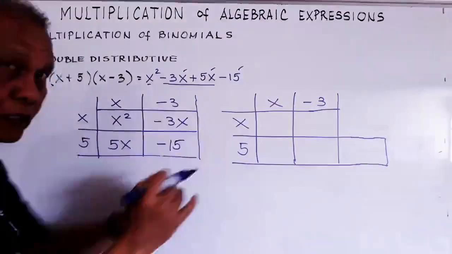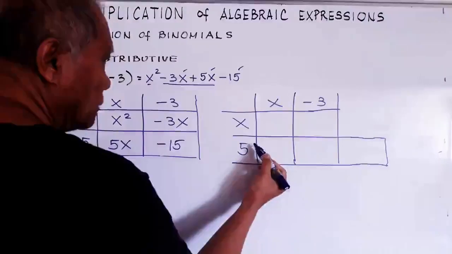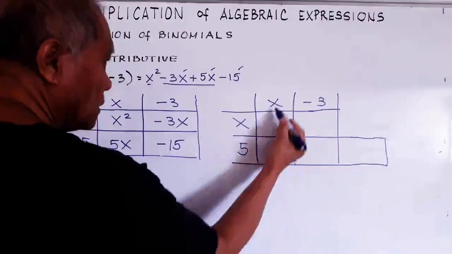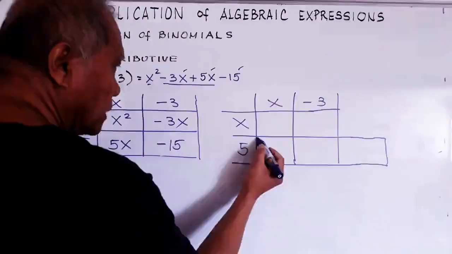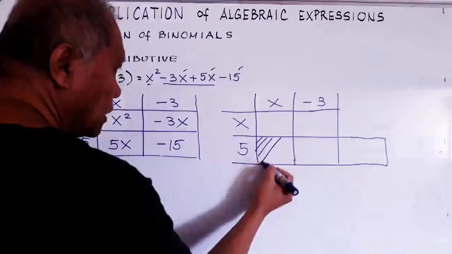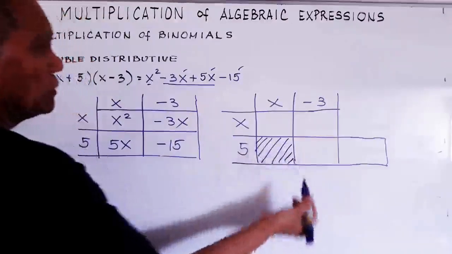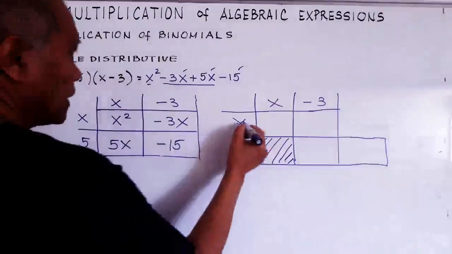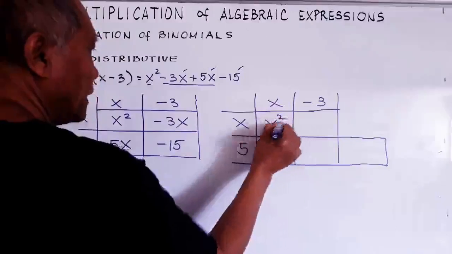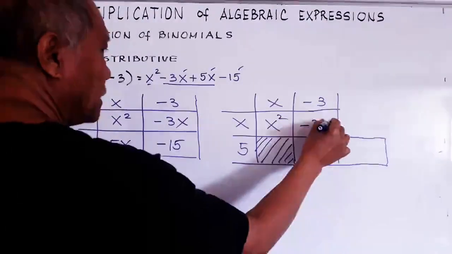So this 2 will be in one column. So I'm not going to put my answer here. When I multiply 5 times x here, I will not put here. So I'm just going to cross this one. I'm not going to put anything here. I'm just going to put it there. So the same thing, I multiply x times x is x squared. And then we have negative 3x.